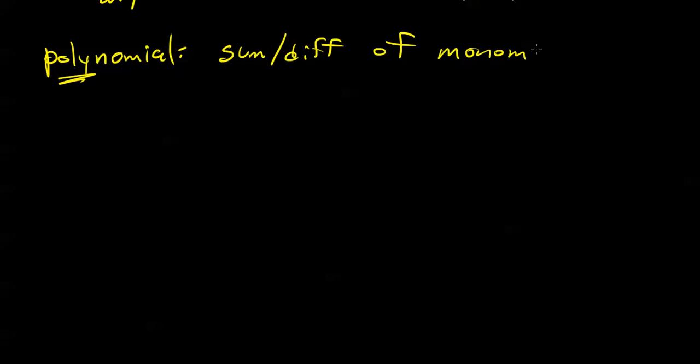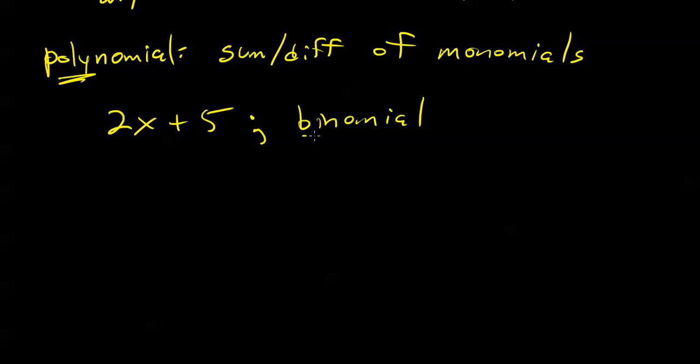So once I define monomials, I can easily then define polynomials. 2x plus 5. This is a binomial. Bi means two, right? It's a binomial because it's a sum of two monomials.